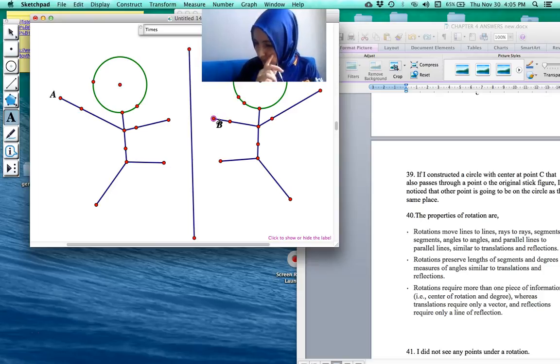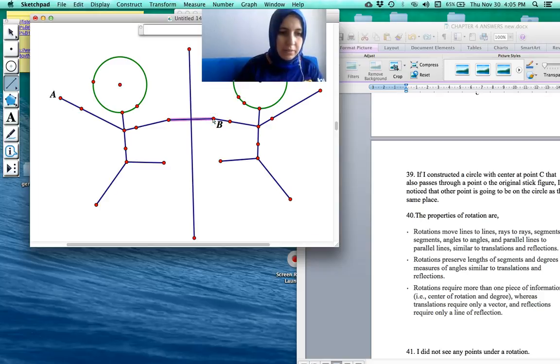Question 27. Create a segment joining the hands of the two stick figures as shown below. What do you notice about this segment and this line of reflection? I create a segment joining the hands of the two stick figures. Yes, go ahead. And then they have the same distance, as you see.